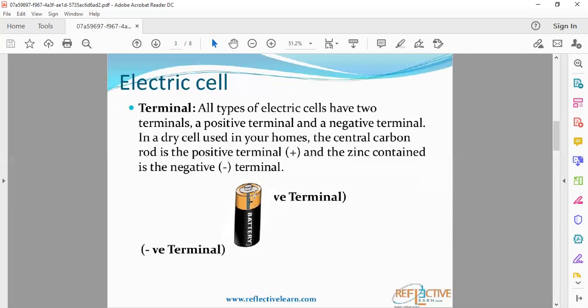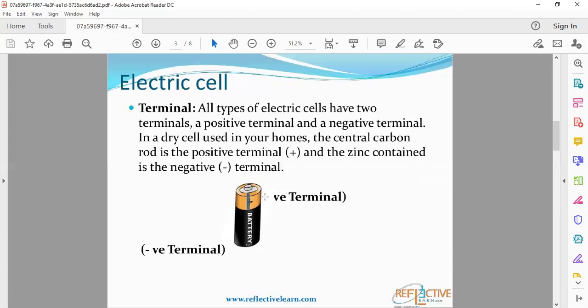If you put these two cells with the metal cap, which we have called the positive end, in the same way, meaning the positive terminals of both cells on one side, will the remote work? You can check it. If we use both positive terminals on one side, the remote will not work. So what do we have to do?